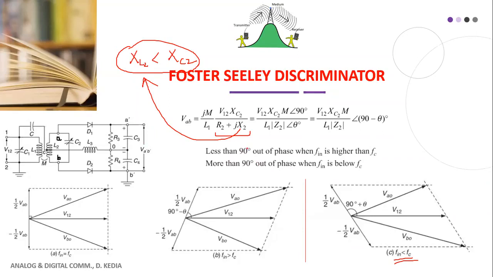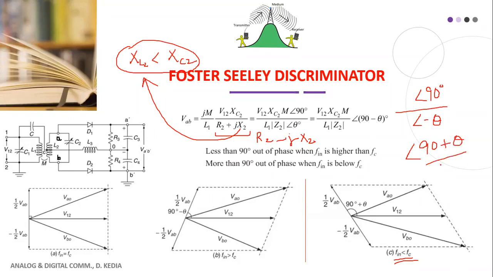So we will have something like R2 minus JX2, and because of this minus part, in the denominator we will have angle minus theta. The numerator remains as it is, angle 90 degrees. If you solve them, your resultant angle will be 90 degrees plus theta.